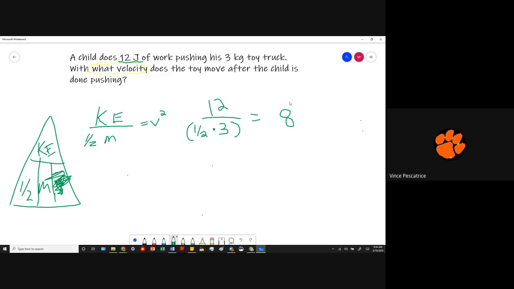So what the answer right now would be is 8 squared. All right, and that's not what we want. We want to get rid of this square. You get rid of a square by taking the square root of something. So you're going to have to take the square root of 8, and that's going to be your final answer, which is how you get rid of that square. You're going to have to take the square root of your answer. So the square root of 8.